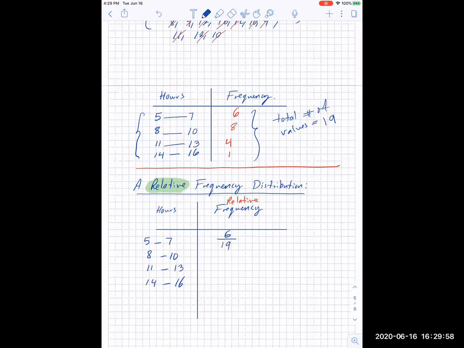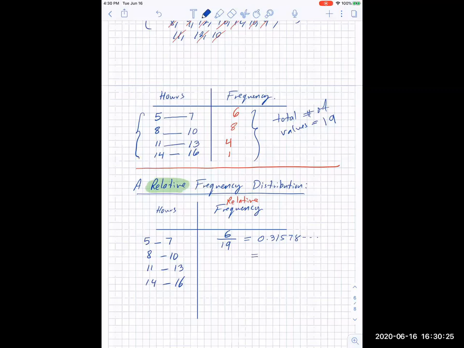Now, when I divide, I'm going to get a decimal number. So let's go ahead and do this. 6 divided by 19 gives me this decimal number, 0.31578, and so on. I'm going to change this to percent form.